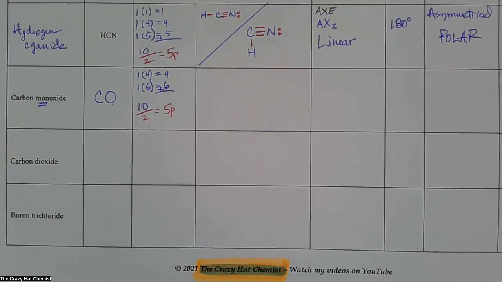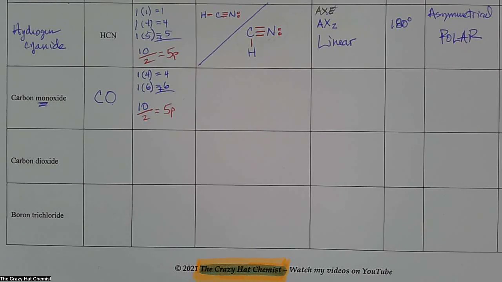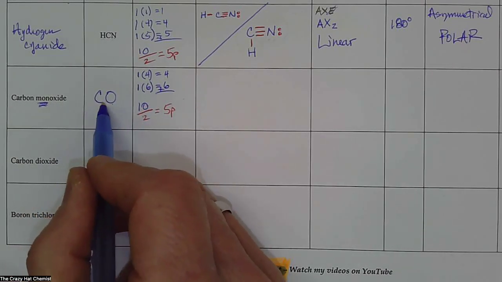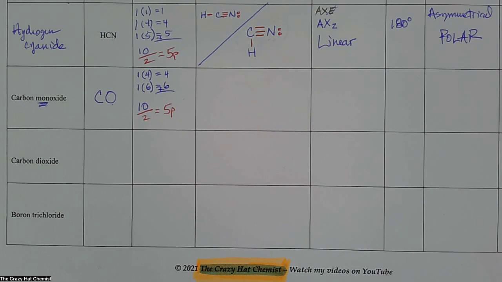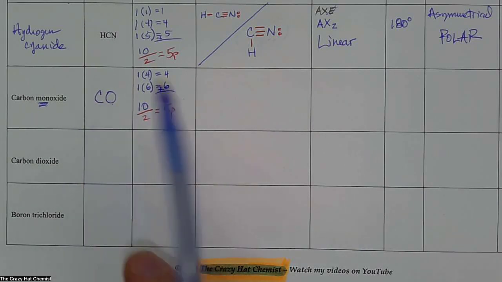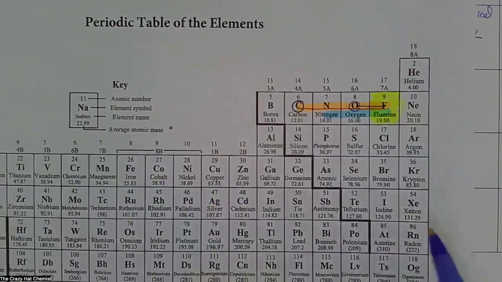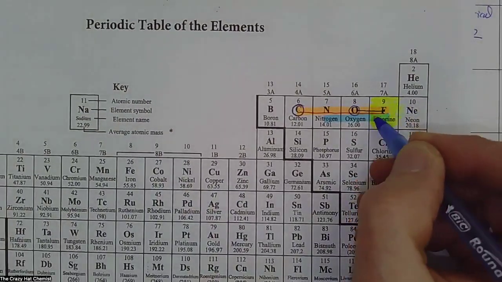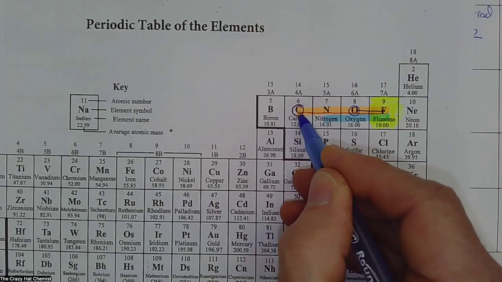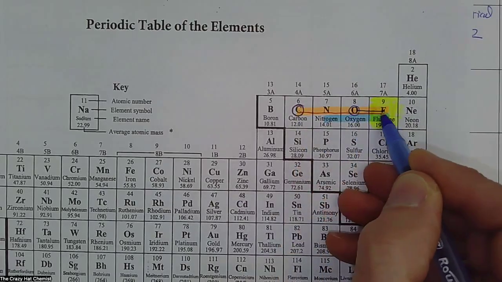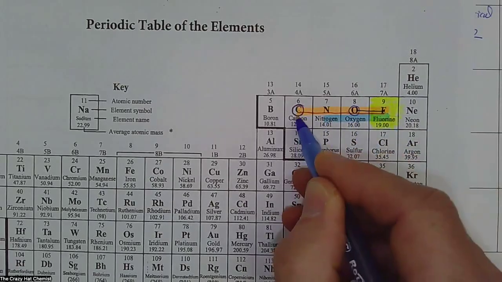All right, so here we go. We're going to keep on going here. The least electronegative goes in the middle. So what's the least electronegative between carbon and oxygen? We've actually already answered this with the formaldehyde example, but we'll try it again. The most electronegative is fluorine. We got a difference between carbon and oxygen. Which one is farthest away from the fluorine? That's the carbon.